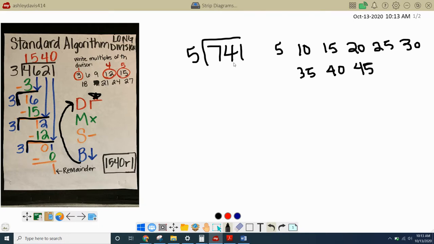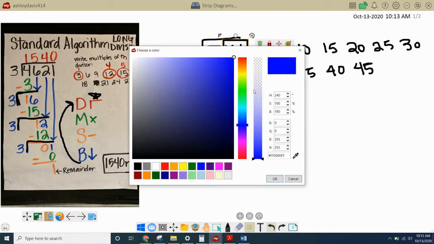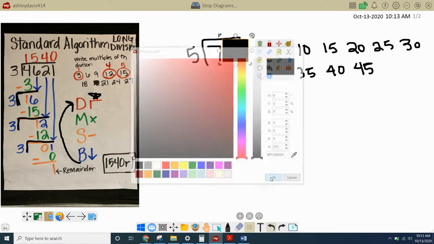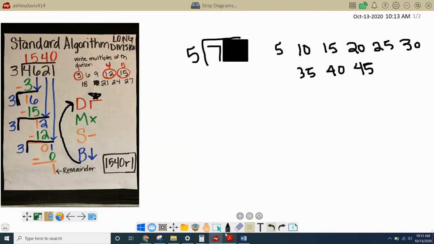We're going to pretend that I'm going to put a square over this right now. We're going to pretend that the other digits aren't there. So now we're doing 5 into 7. So I'll go over to my multiples.